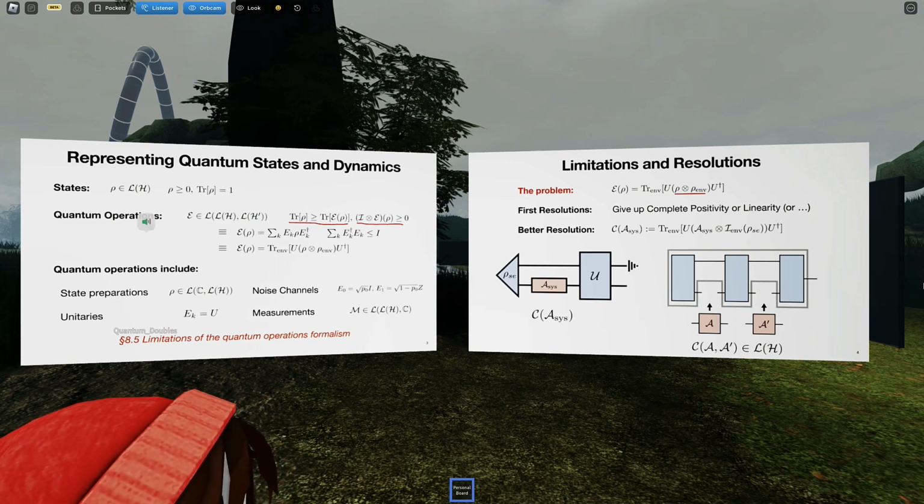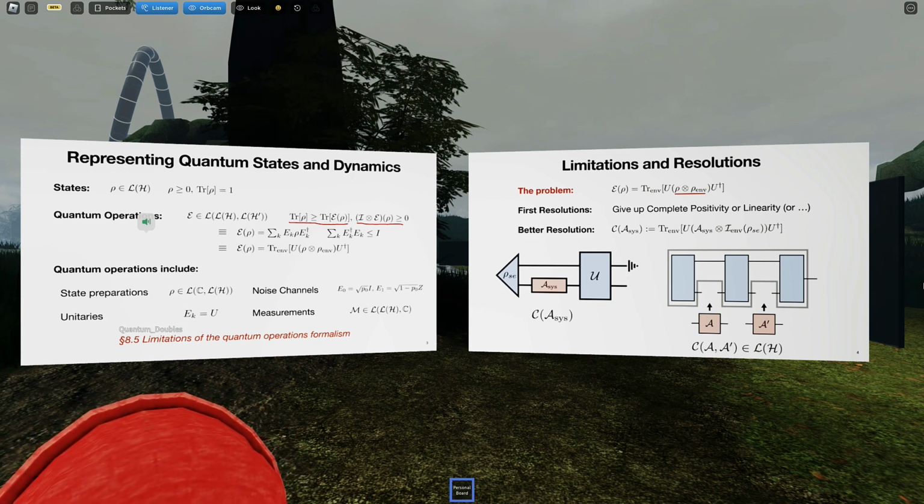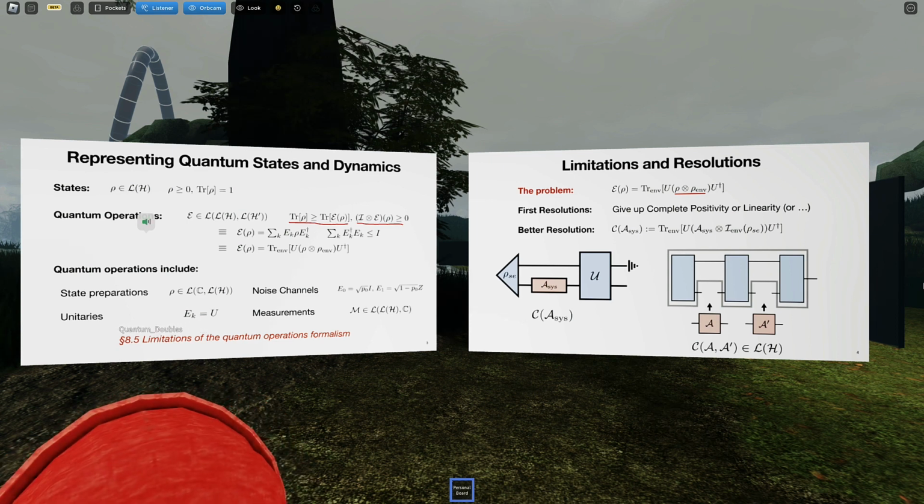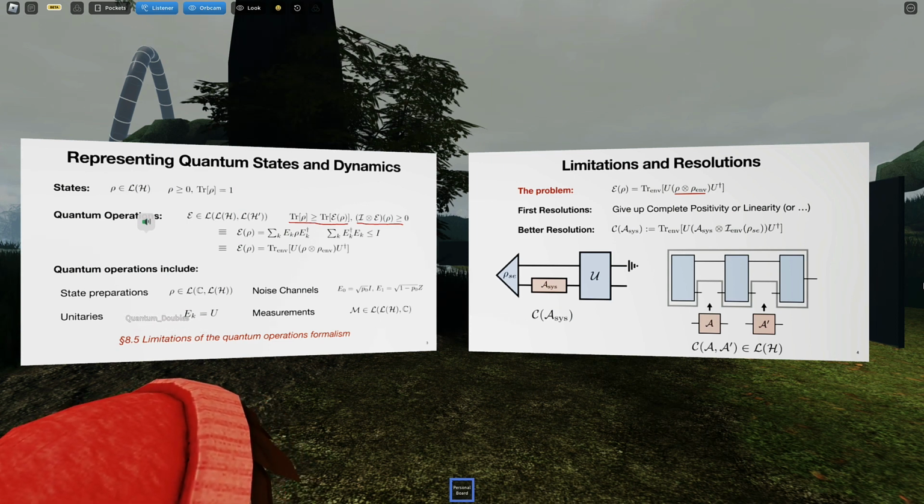This is a relatively powerful formalism, and it's quite useful for a lot of things. As you can see, it says quantum operations include state preparations, unitaries, noisy channels, measurements. So this is a lot of what we think about.